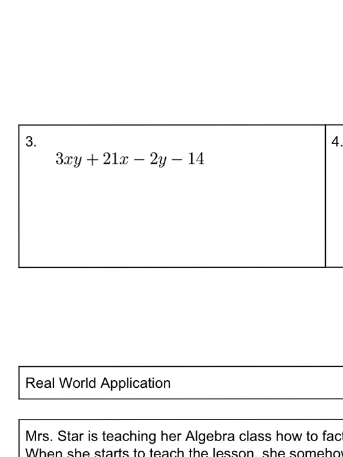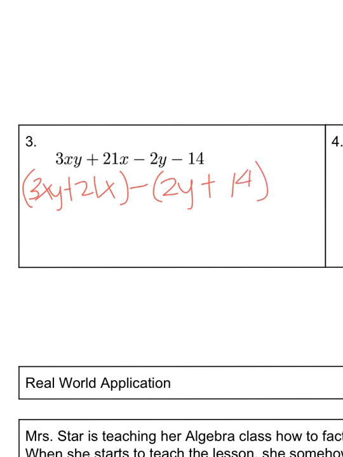Okay, so next problem, we have 3xy plus 21x minus 2y minus 14. So we're going to group them. In the first group, we have 3xy plus 21x. In the second group, we have minus 2y minus 14. In the first group, we can take out 3x, and we're left with y plus 7.